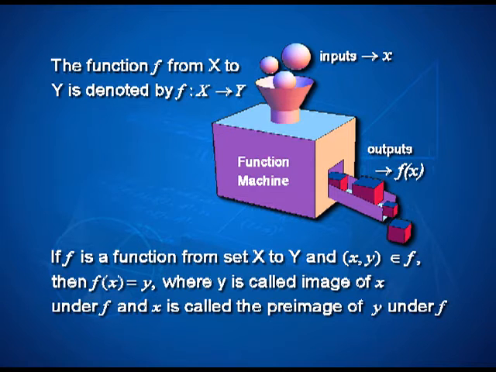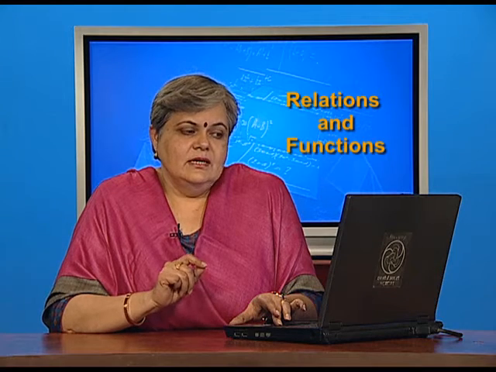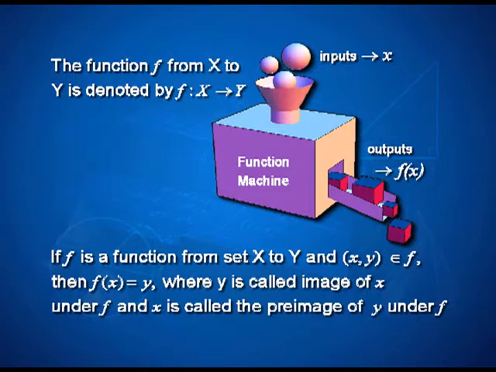Symbolically, we represent this function from set X to set Y as f colon X arrow Y. So, f is a function from X to Y. Instead of words, we use these symbols f colon X arrow Y to represent this exact statement. So, remember, x is the input, f of x is the output, y is equal to f of x, y is the image, x is the pre-image.